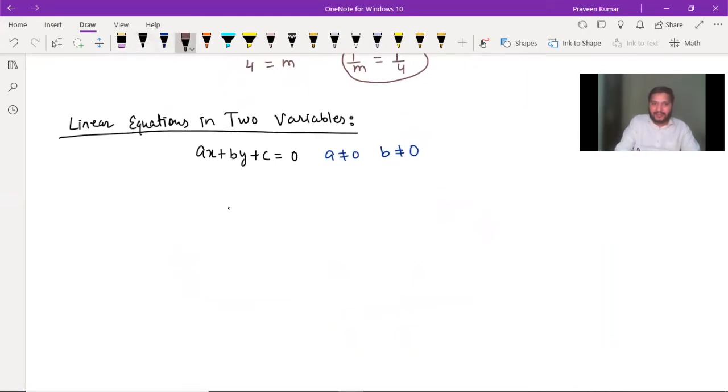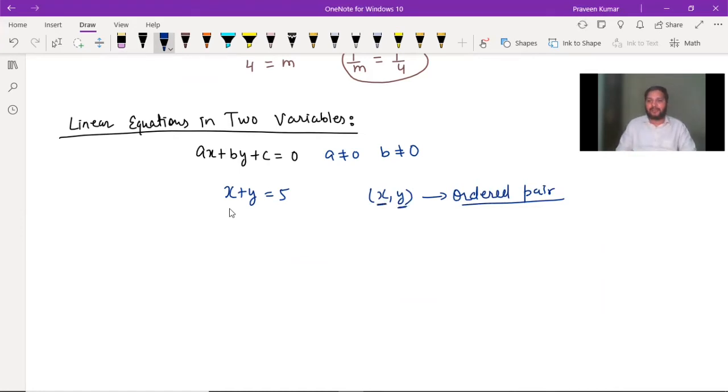Let us consider an example. Say x plus y is equal to 5. Can you tell me a pair of x and y? This is called an ordered pair. Ordered pair means I have written x at the first place and then y at the second place. I cannot write y comma x.